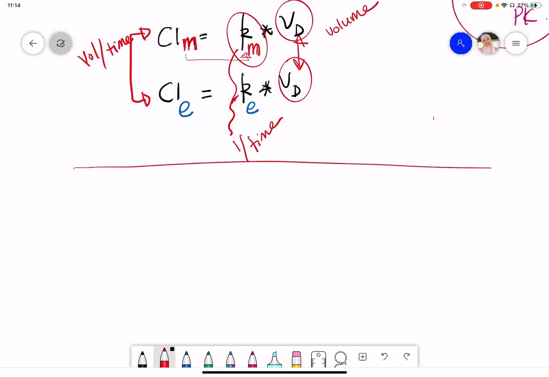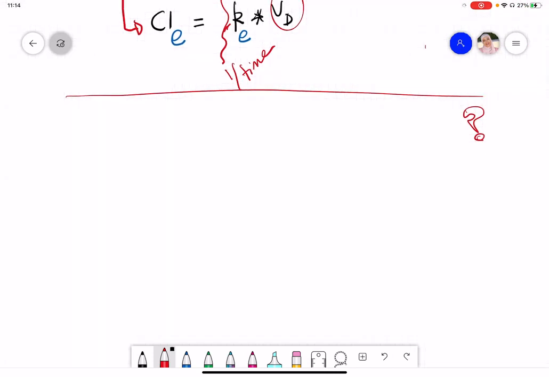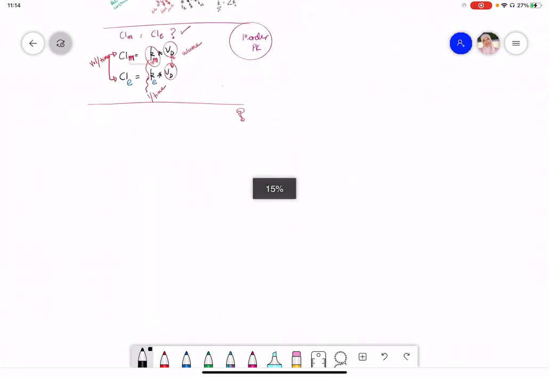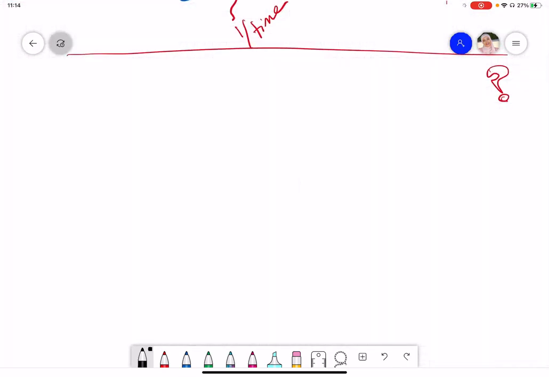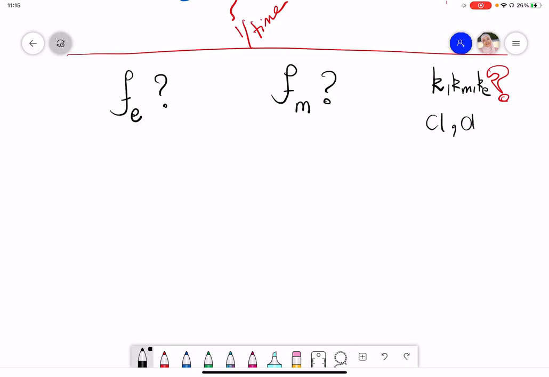So another question: can we determine the fraction excreted of the drug or fraction metabolized of the drug if we are considering K, Km, Ke, or total clearance, metabolic clearance, and excretion clearance? Can we?